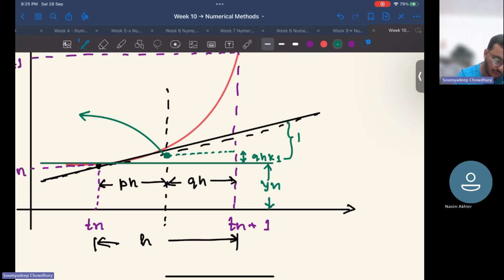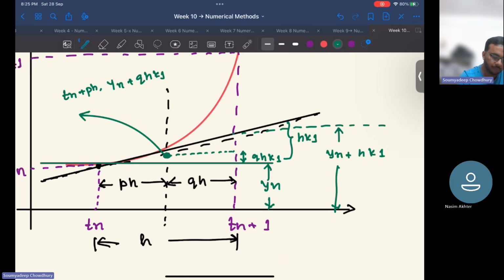So this line is YN plus QHK1. This is the green point where we have marked the arrow. This is the point where we are trying to find the slope. The x coordinate of this arrow-marked point is Tn plus PH, and the y coordinate is Yn plus QHK1.